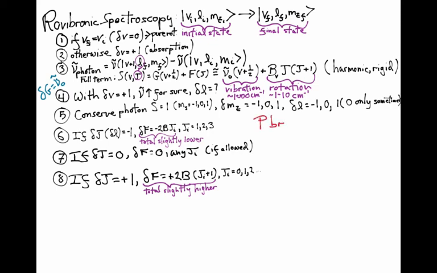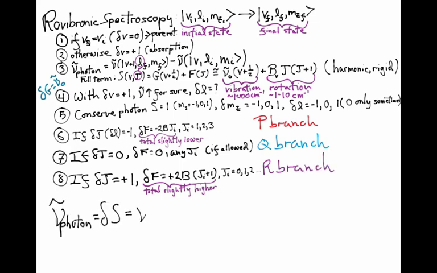So that means the first one, where J goes down by 1, we call the P branch. The second one, where J stays the same, we call the Q branch. And the third one, we call the R branch. So in total now, the photon wave number, which is equal to the change in the total term, is equal to the wave number of the vibration minus 2bJ initial, J initial = 1, 2, 3, 4, 5, etc., for one case.